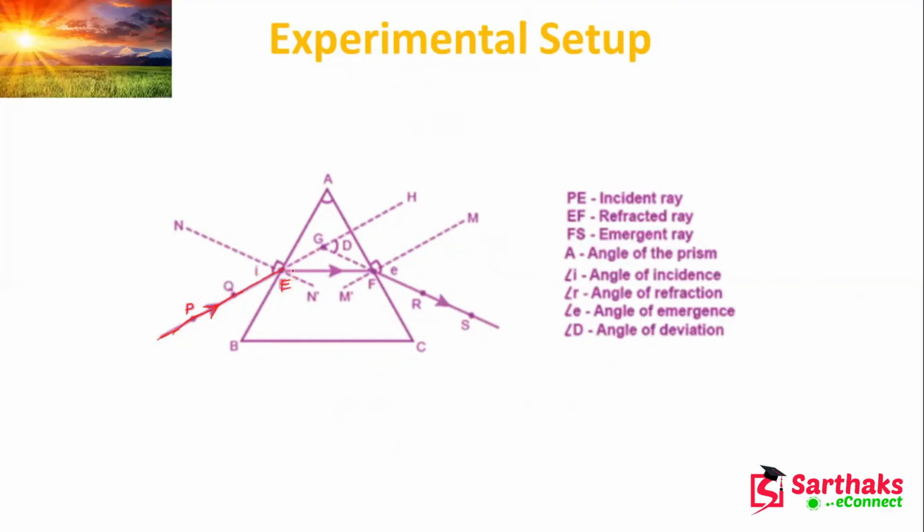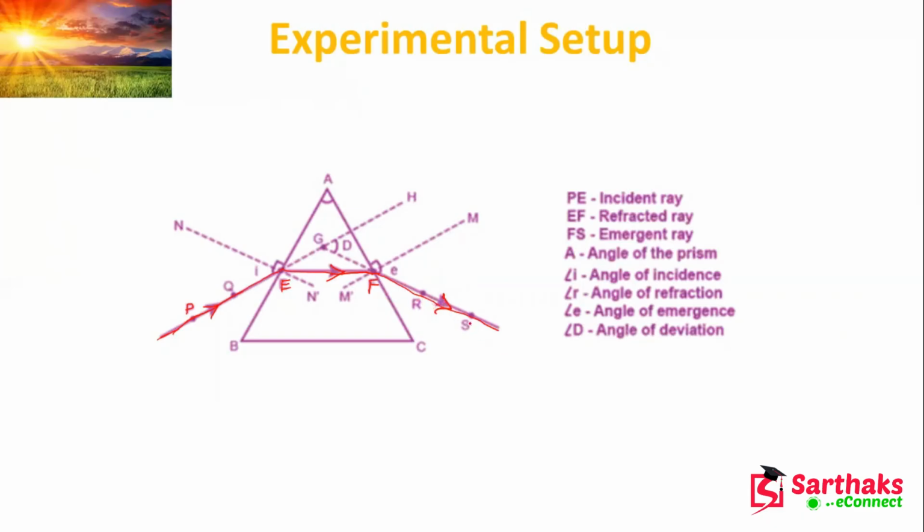Now, EF is the refracted ray. And the ray which is coming out from the prism is called the emergent ray. So we have the incident ray, the refracted ray, and the emergent ray.